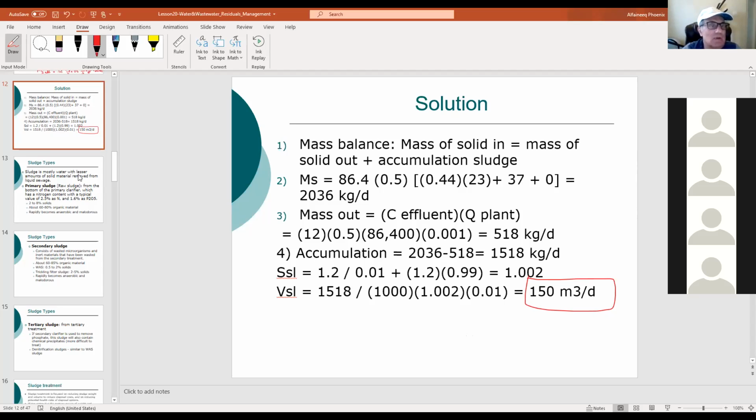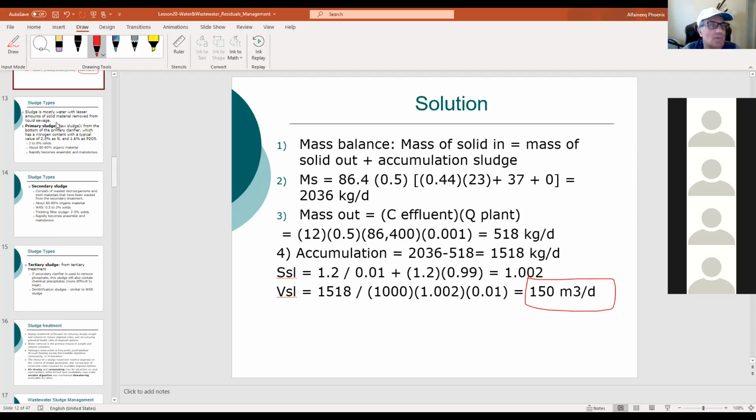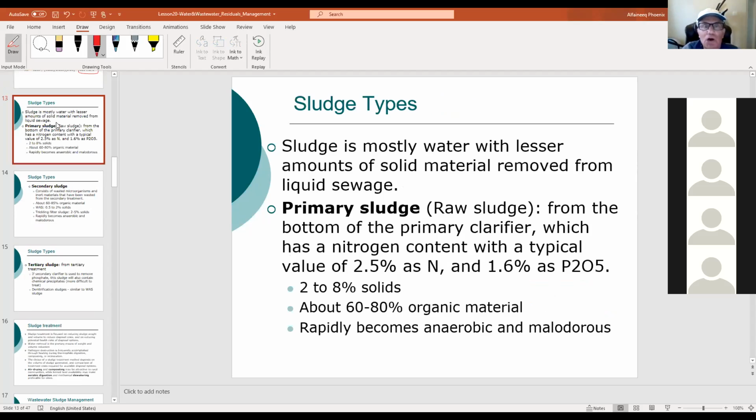All right. Let's look quickly now at types of sludge: primary, because it comes from the primary treatment or primary clarifier; secondary, from the secondary clarifier; or tertiary, from the tertiary treatment. The difference between them is the content.